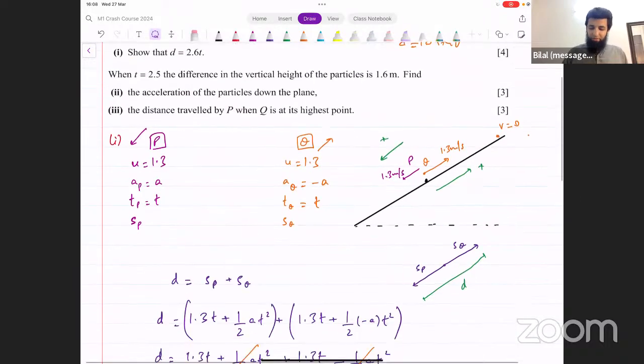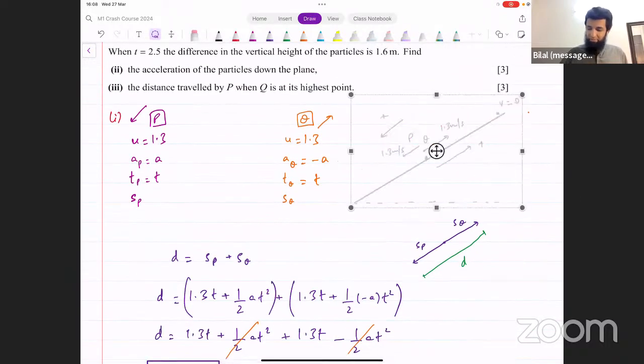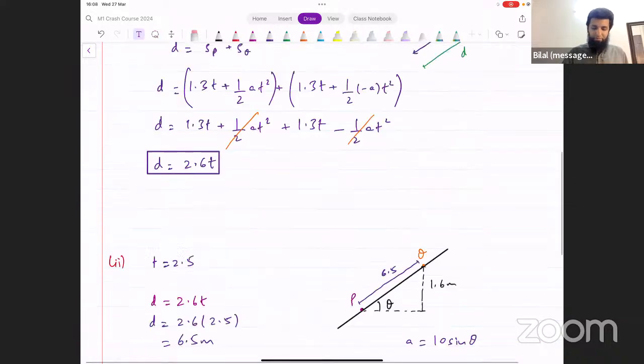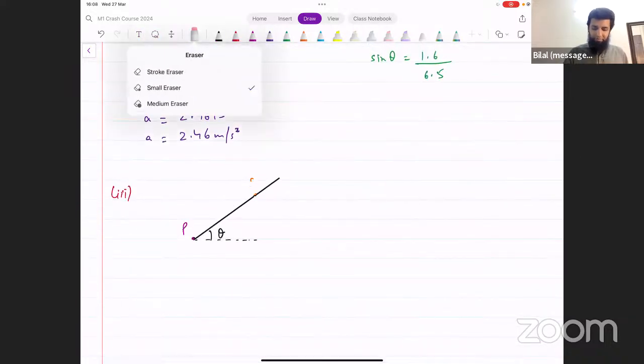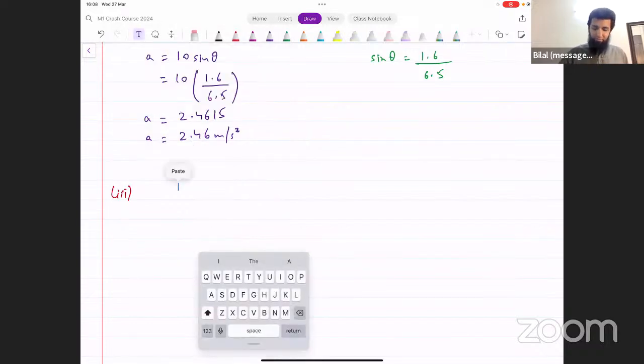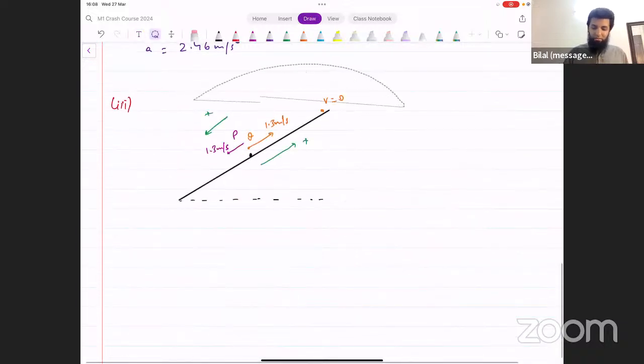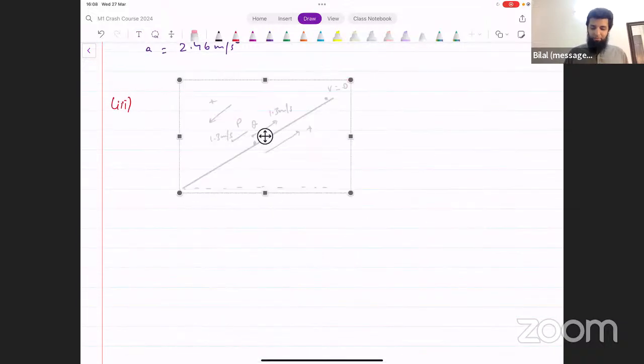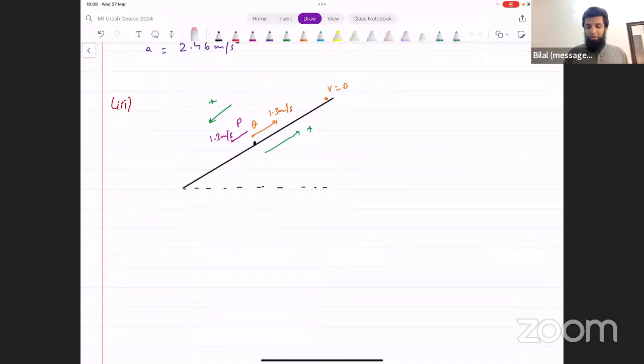Let me copy that first diagram instead. This is what the situation looked like. P was moving downwards, Q was moving upwards. At some point, when Q reaches its maximum height, its velocity is going to become 0. We need to find the distance traveled by P until that point.